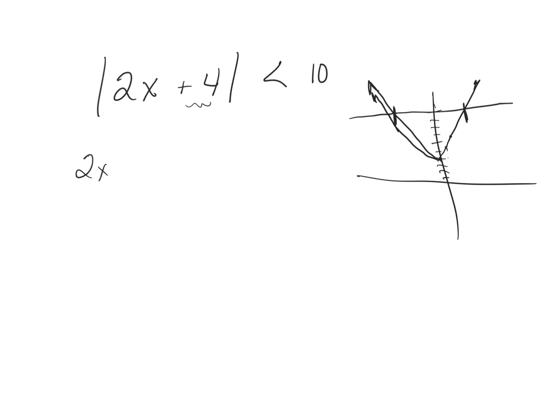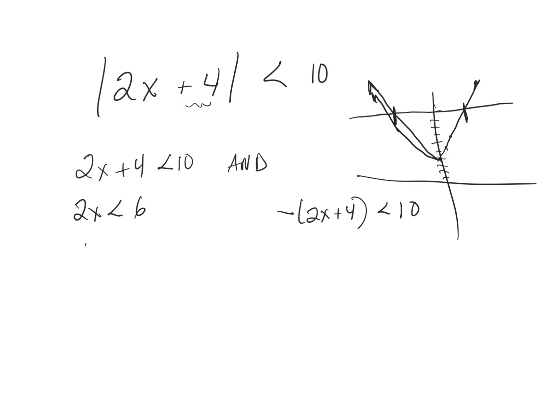Let's solve it algebraically. It would be this, less than, and the opposite, bend those, change the sign, right? And then subtract 4 from both sides. 2x is less than 6, so that's our point over here.